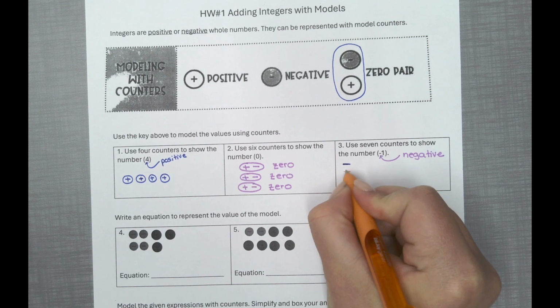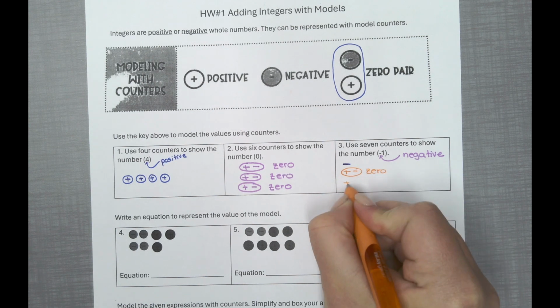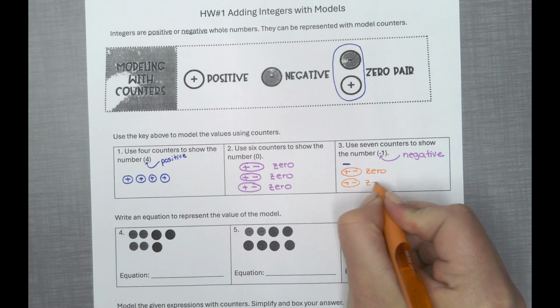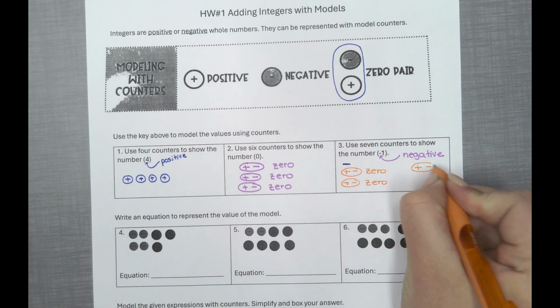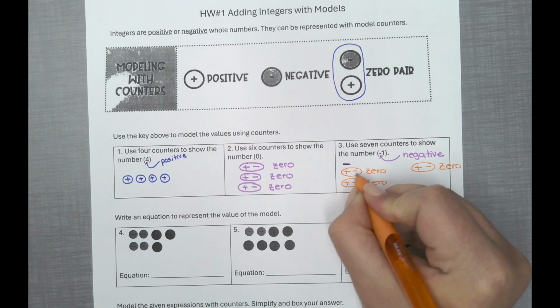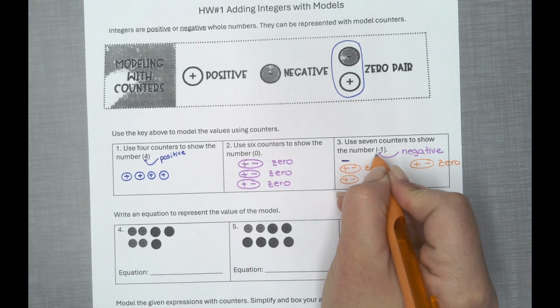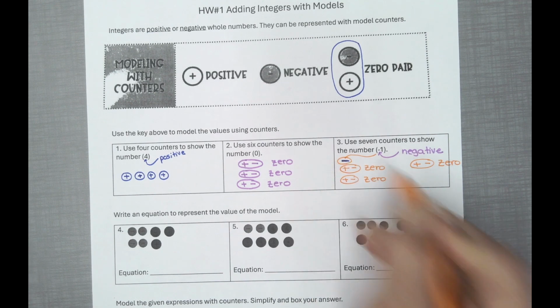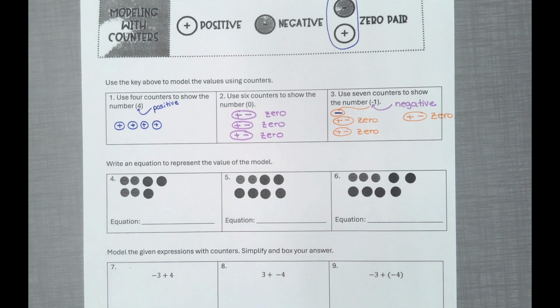So I'm going to throw in some zeros. Here's a 0. Here's another 0. Here's another 0. So even though I have 7 things, 1, 2, 3, 4, 5, 6, 7 things, the value of it is 1 negative.